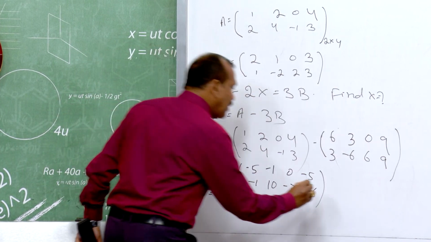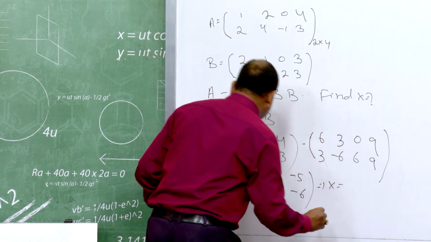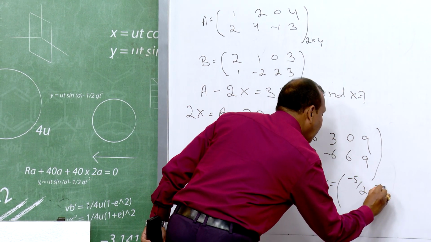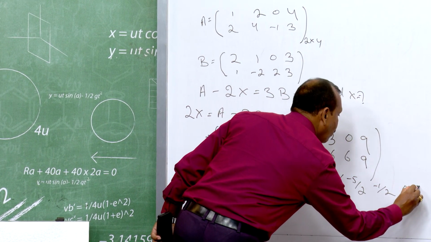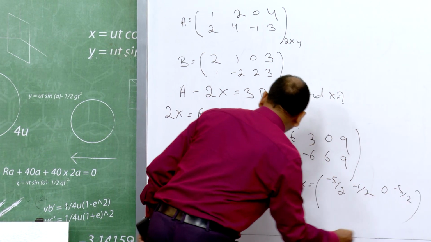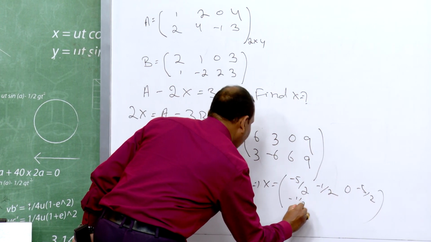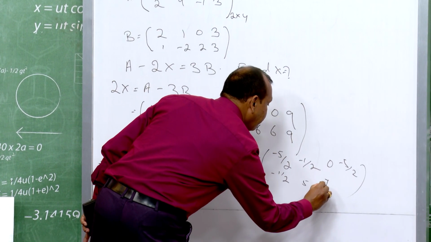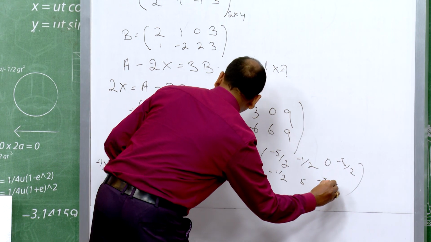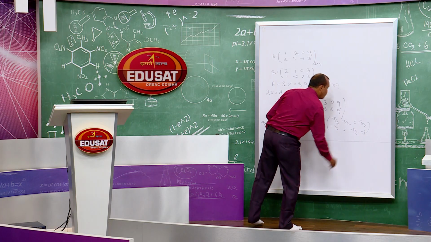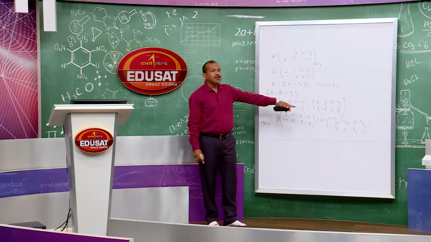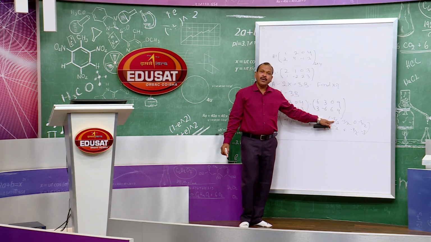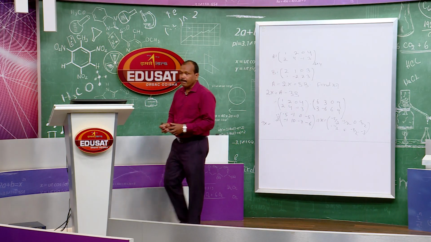Then this implies that X becomes minus 5 by 2, minus half, 0, minus 5 by 2, minus 1 by 2, 5, minus 7 by 2, and minus 3. Then this is the X matrix, which is also a 2 cross 4 matrix.